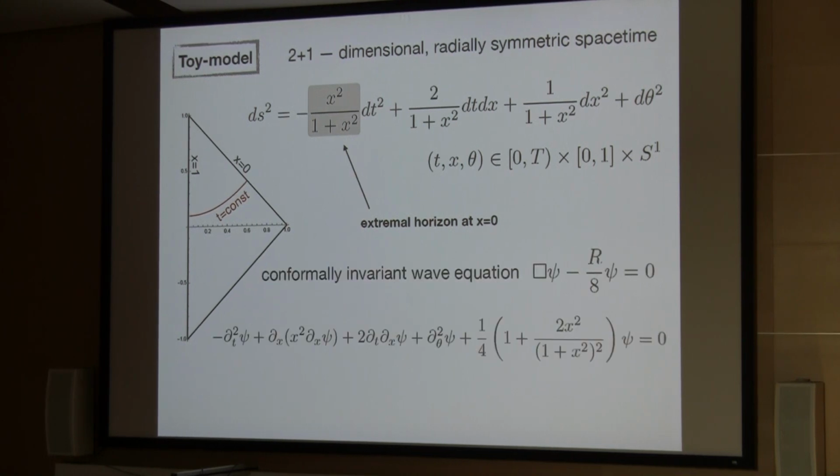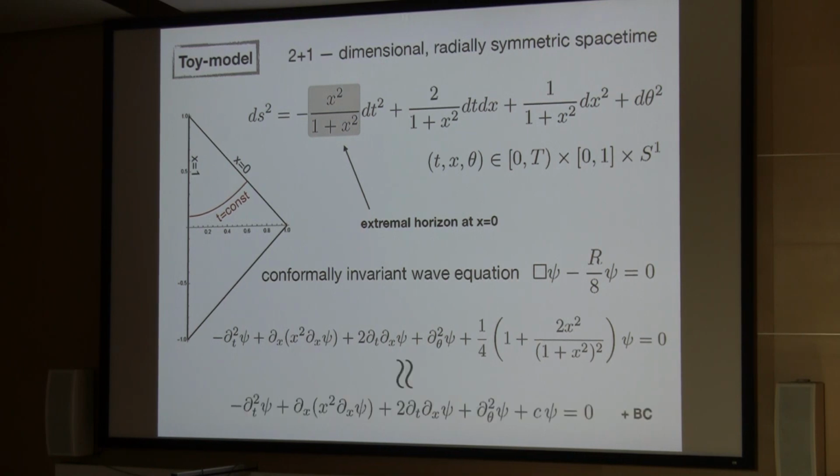Then we are interested in this toy model in the conformally invariant wave equation, which takes the form of this rather simple formula. We can simplify it even further because this part can be interpreted just as some kind of potential. So we can say, okay, let us say that this potential is more or less constant, just 1/4, so C is equal to 1/4.